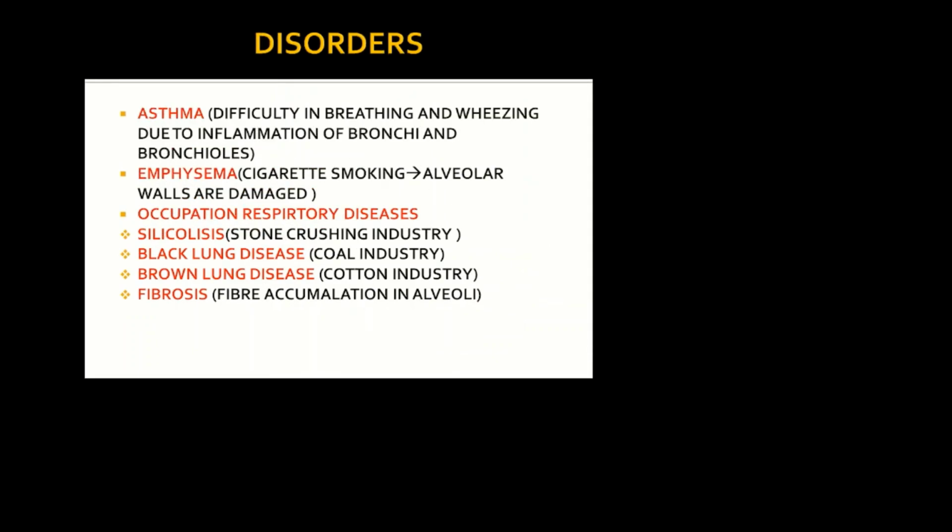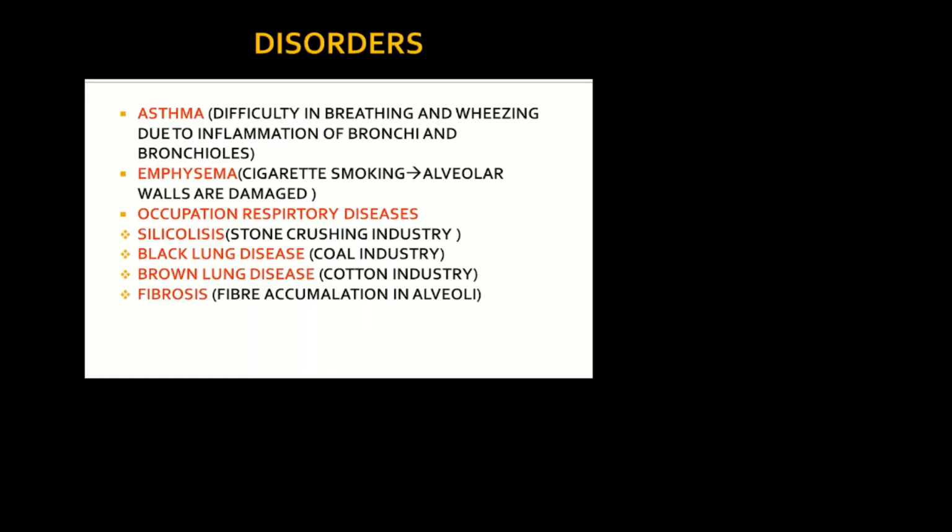Disorders. Asthma. There are many people who take an asthma pump for their asthma issues. There is difficulty in breathing and wheezing, which is a sound, like if you have seen some asthma patient, there is a sound when they breathe. There is that irritating sound due to inflammation of bronchioles.